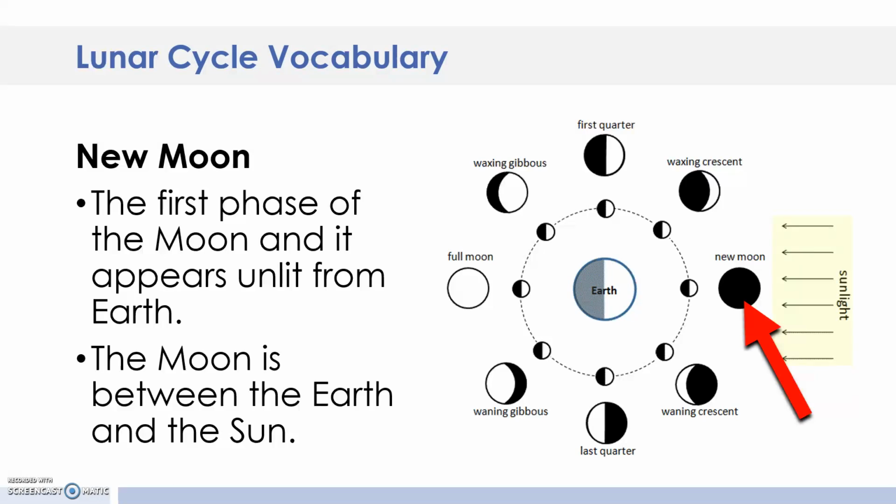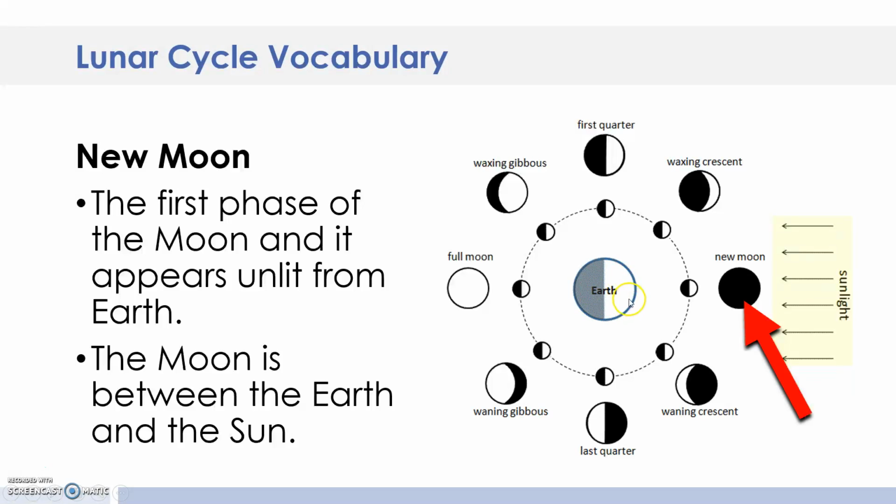Right here is the new moon. Within our whole lunar cycle, we have 8 different phases, and it goes through those same phases every single time it makes a revolution around the Earth. If we look at this, we have to look at it in 2 ways, and to make sense of it, we have to think about it in both ways.